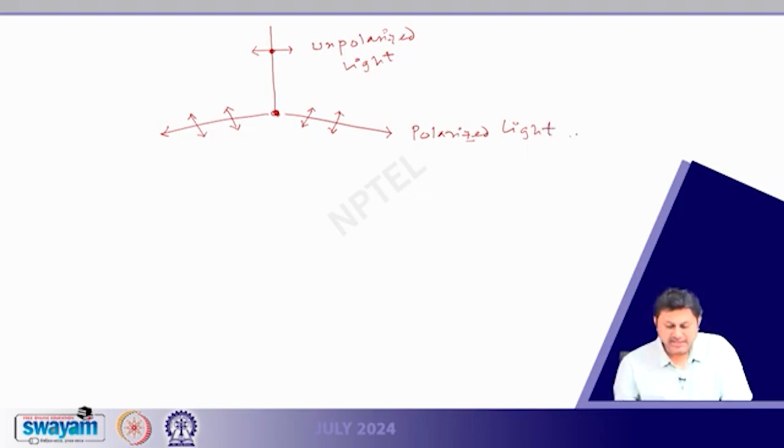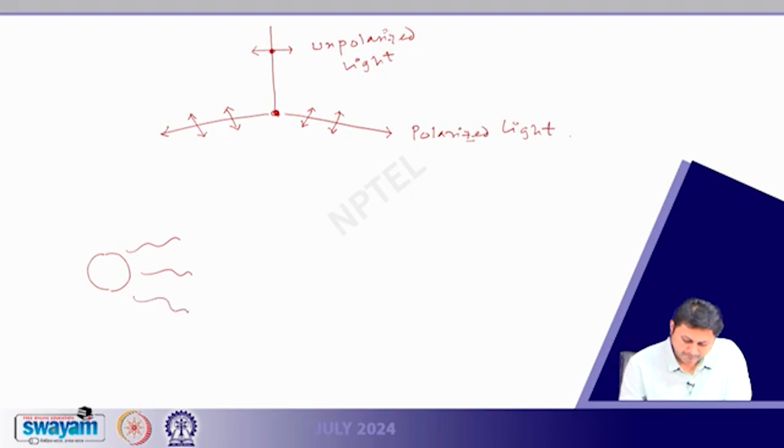One can quickly understand this by considering, suppose this is the sun emitting radiations, and here we have our earth, surrounded by atmosphere like this.